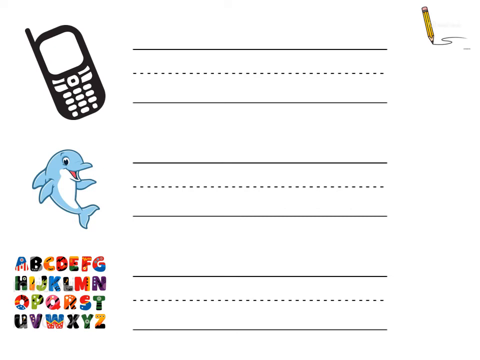The next word we're going to write is dolphin. Let's stretch it out together. D-O-L-F-I-N, dolphin. And put it on your phoning fingers. D-O-L-F-I-N, dolphin. Can you show me how many sounds you could hear in that word?